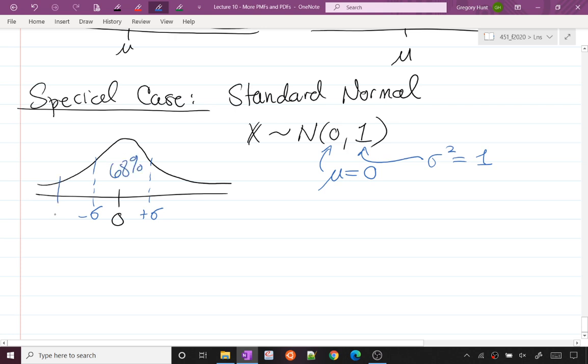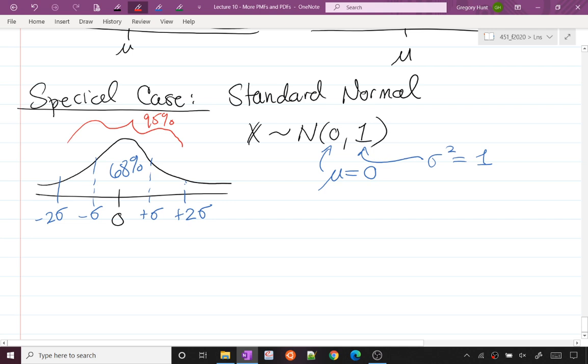If you look at plus or minus 2 sigma, then the probability of being under the curve, the probability of being between plus and minus 2 sigma, is about 95%.